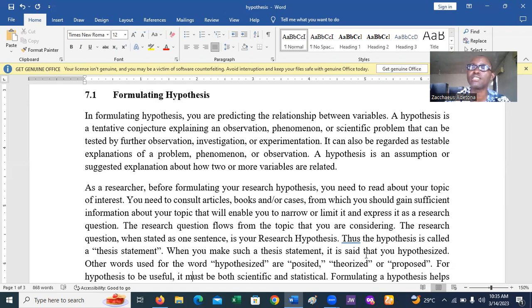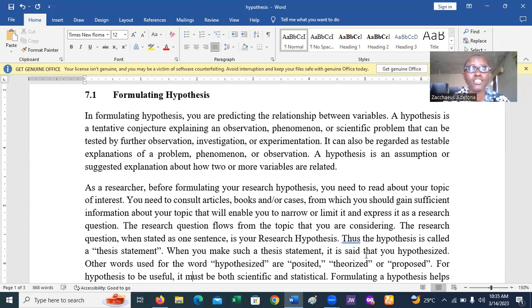And that is why we say it's a guess or assumption. It's a suggested explanation about the relationship between two or more variables. So it is not really valid until it has been subjected to analytical tests. Then a conclusion can be drawn based on the hypothesis.